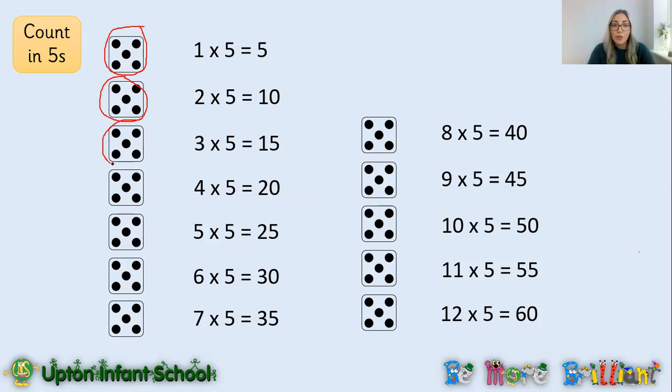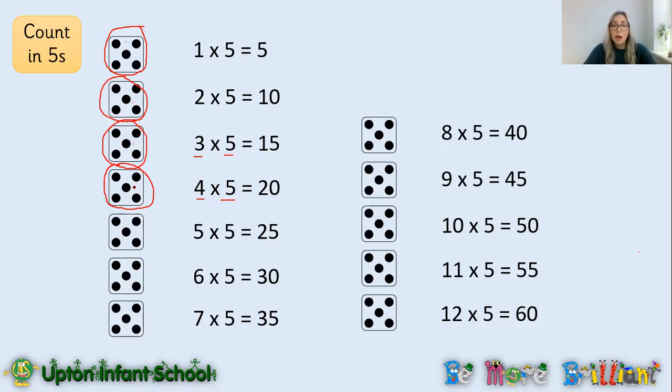Now I have got 3 lots of 5, and that makes 15. 5, 10, 15. I'm going to keep going. Now I have got 4 lots of 5, and that makes 20. 5, 10, 15, 20.